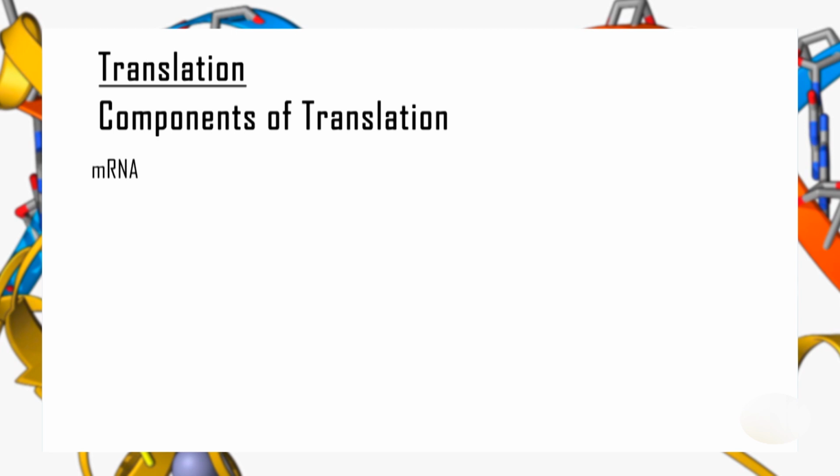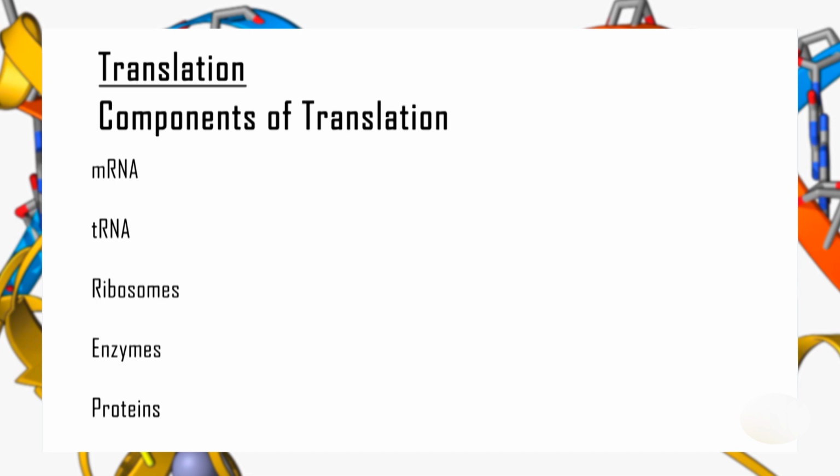mRNA: in eukaryotes it is made in the nucleus and transported to the cytoplasm, while in prokaryotes transcription and translation occur concurrently. Next is the tRNA, adapter molecules that mediate the transfer of information from nucleic acid to protein.